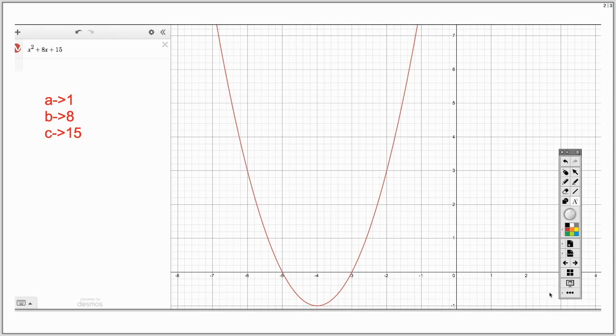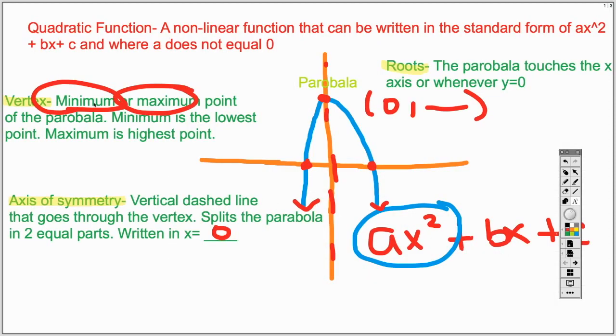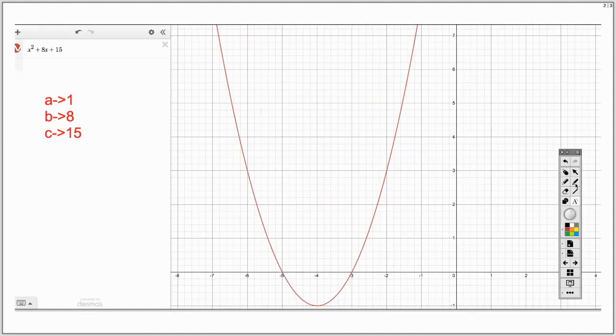As I mentioned, the vertex is a minimum or maximum point of the parabola. The minimum is the lowest point and the maximum is the highest point. When we look at this graph, there's one point sticking out, this one. Is this point in the low part or the high part of the graph? Are all the values above the vertex or below it?